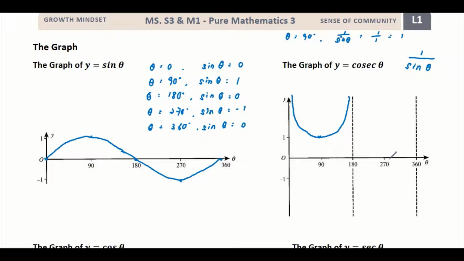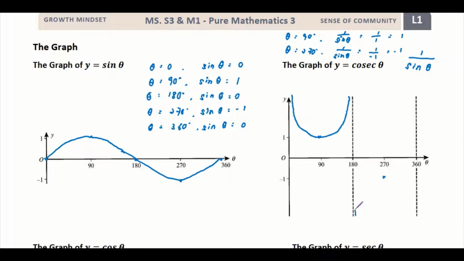The same thing, let's try to see when we have 270. When theta equals 270 and we draw 1 over sine theta, what will you get? You will get 1 over negative 1, correct? Which gives you negative 1, which is like here. But the same thing for 360 is 0, so 1 over 0, you are getting an undefined answer also.